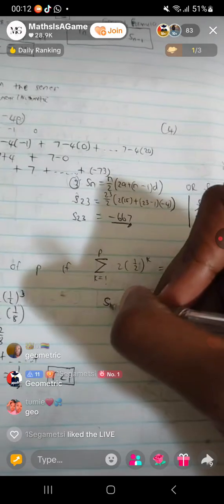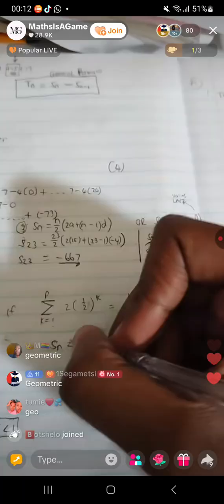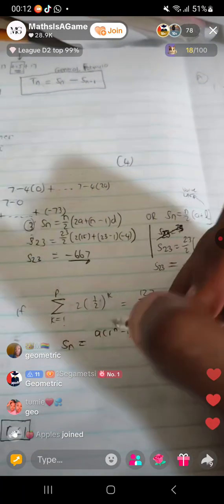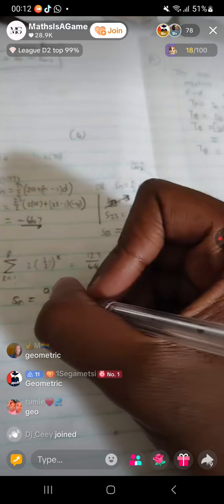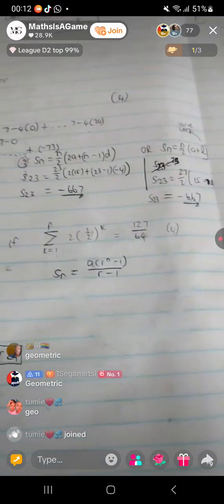So let's do this then. Sn is equal to a into r to the power n minus 1 over r minus 1. Let's just use this formula.